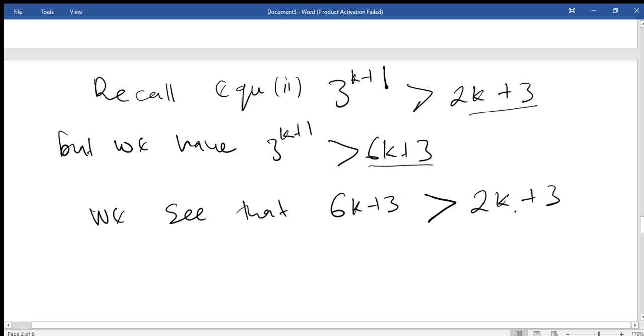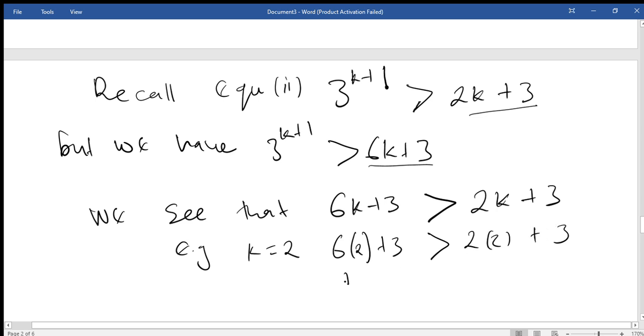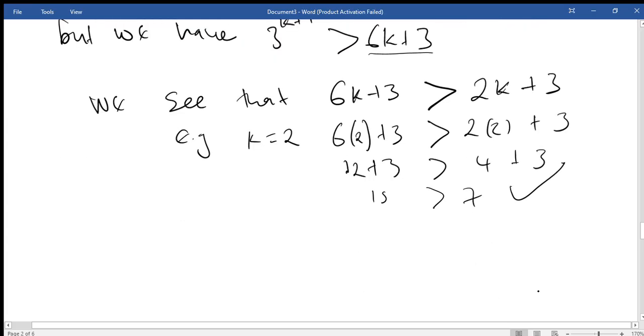If I take any number k, e.g. let k equal 2, we're going to have 6 multiplied by 2 plus 3 on this side, and 2 multiplied by 2 plus 3 on this side. 6 times 2 is 12 plus 3, but this one will be 4 plus 3. 12 plus 3 is 15, but this is 7. This is true. So it means 6k plus 3 is indeed greater than 2k plus 3.